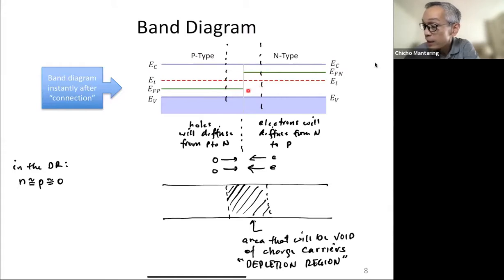The electrons here recombining with the holes here will cause this area to be positively charged, right? Okay, and because the electrons occupied holes here, no? So meron kang electrons dito, it occupied holes here, this area now is going to be net negatively charged.